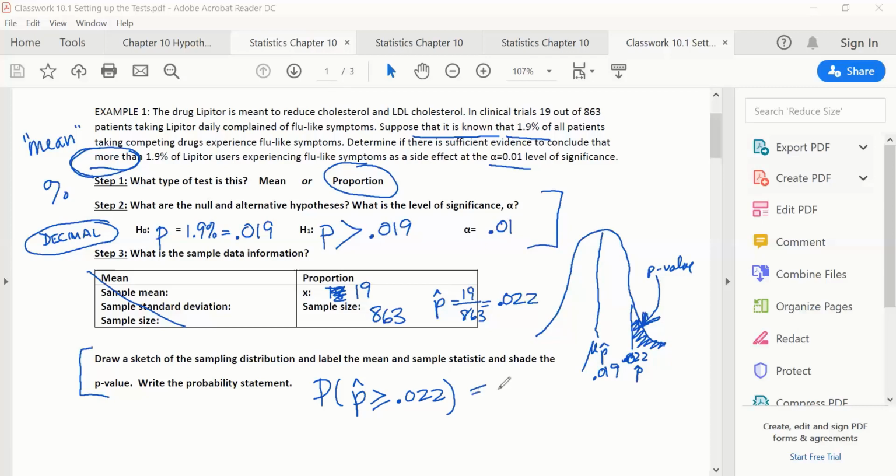That's our p-value. And we want to compare that to alpha. Is it greater than alpha or not? And our alpha is 0.01. So this is our probability statement that I'm talking about.